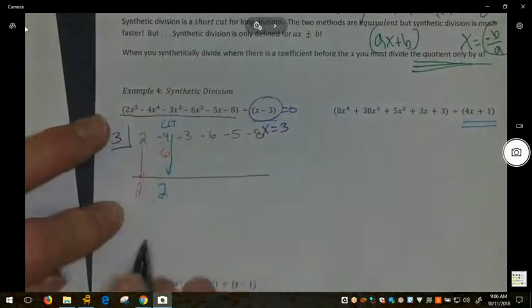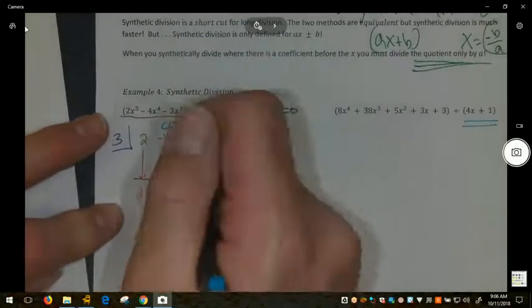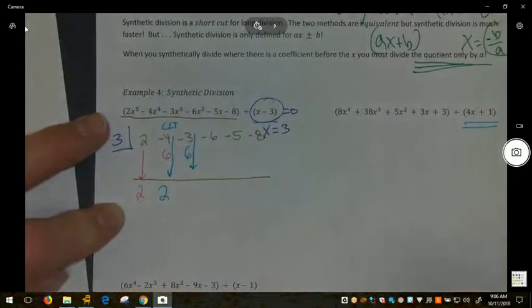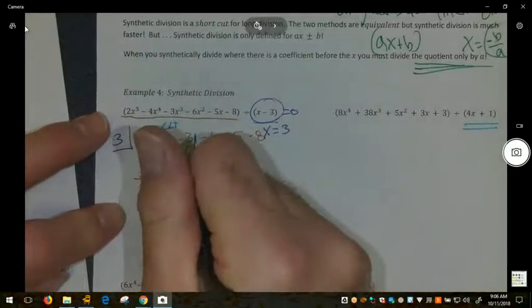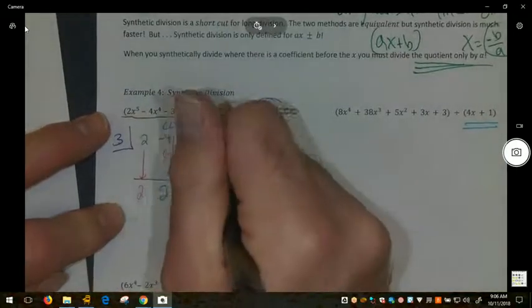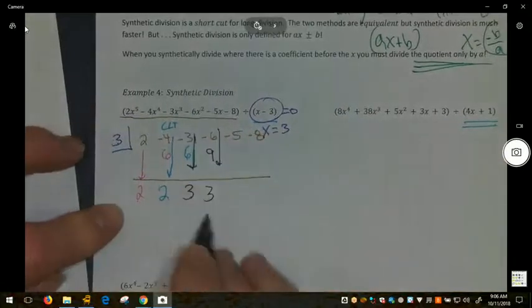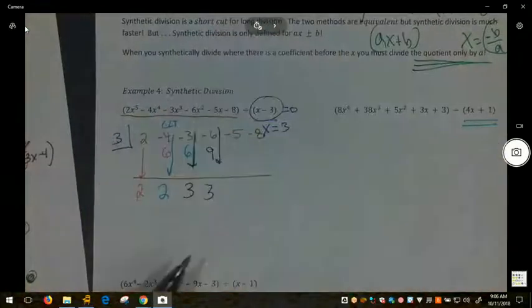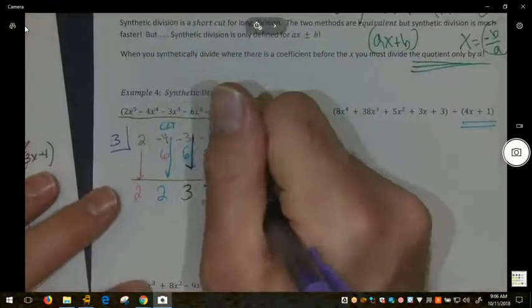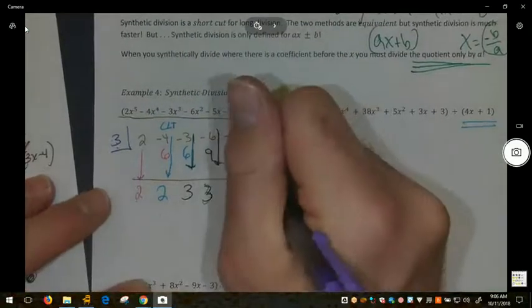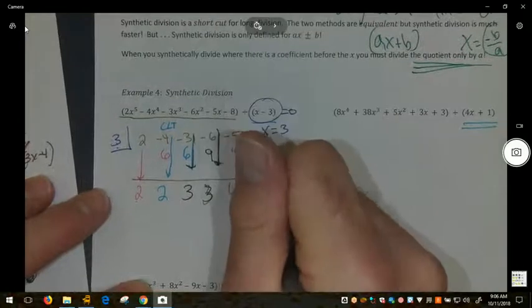That gives me 2. 3 times 2 is 6, add, that gives me 3. 3 times 3 is 9, add, that gives me 3. 3 times 3 is 9, add, that gives me 4. 3 times 4 is 12, add, that gives me 4.